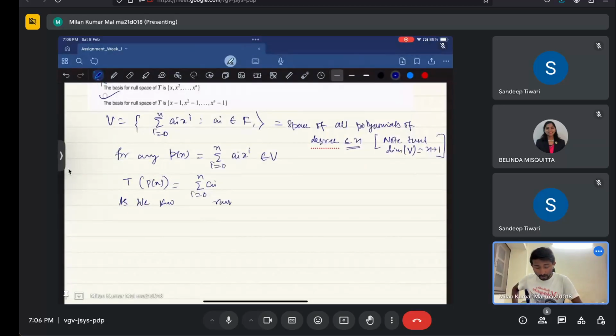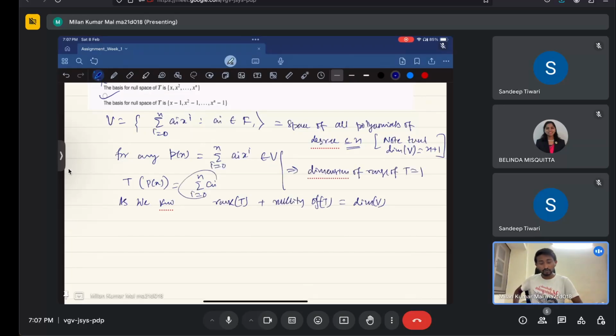the rank of the operator T plus nullity of T is equal to the dimension of V, and here the dimension of the range of T is equal to 1.